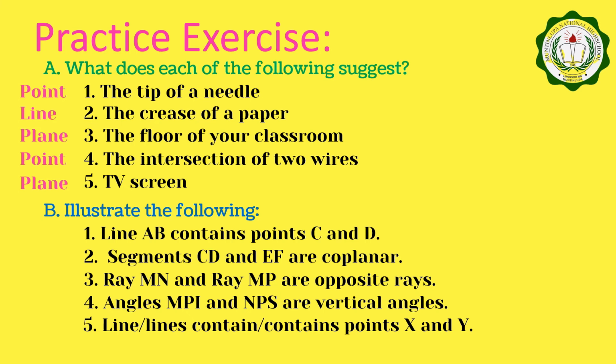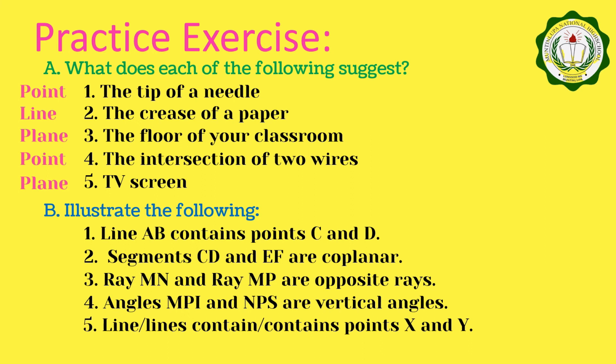Number 4, angles MPI and NES are vertical angles. And number 5, line or lines contain points X and Y. How are you going to illustrate this? Since we cannot do this activity now, try answering this later. Then send your answers to our math GC.